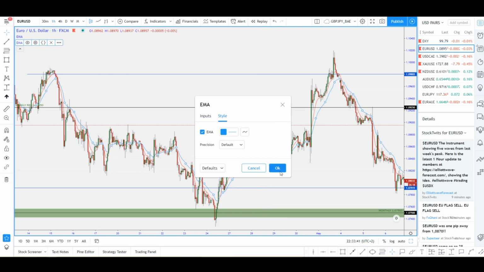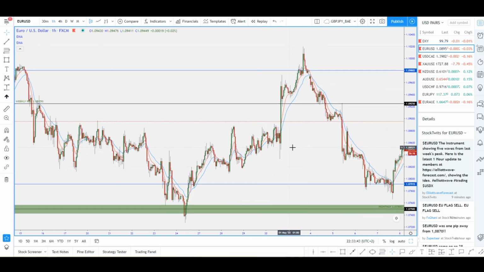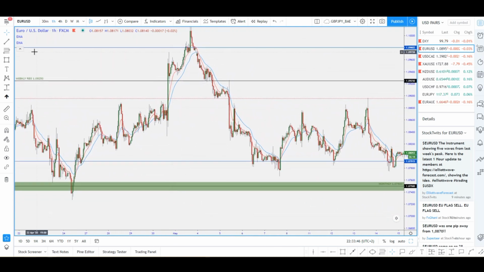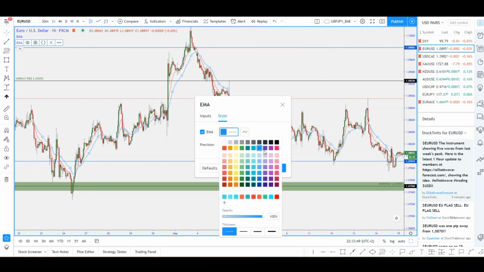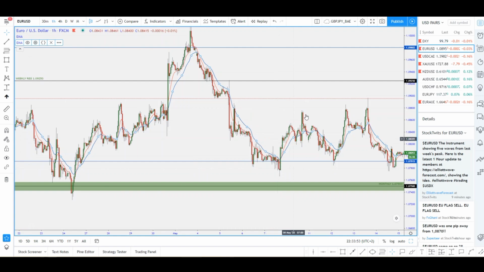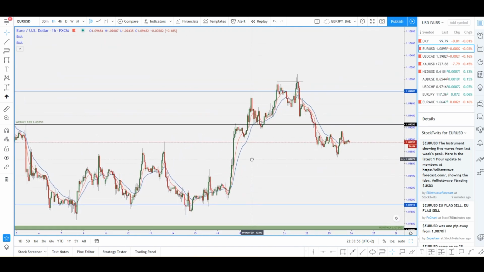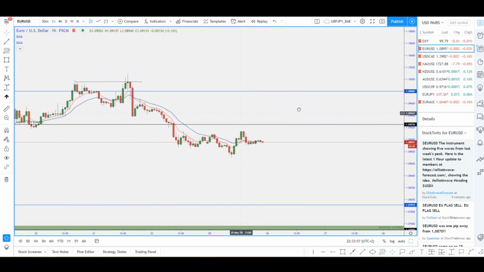So period 8 is red and period 18 is blue. These are EMAs, exponential moving averages, and these are the moving averages we will be using from now on moving forward.